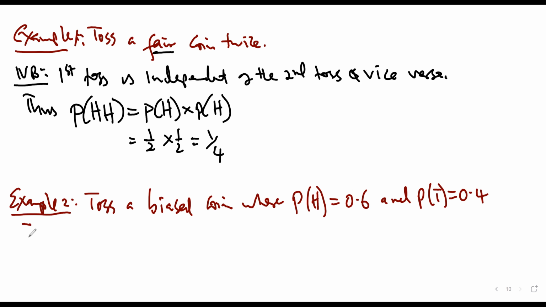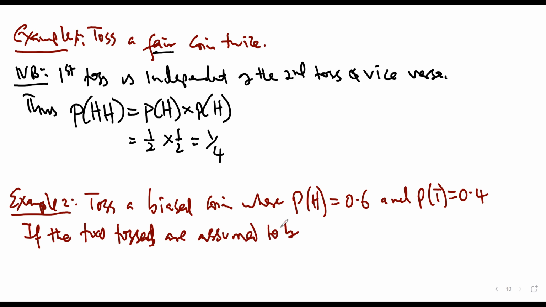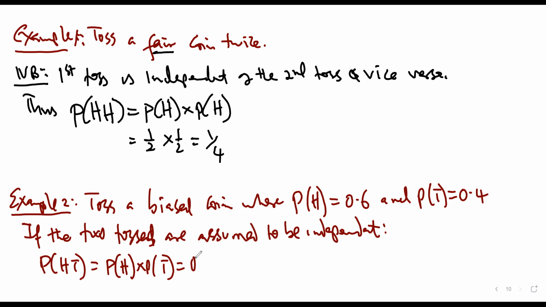If the two tosses are assumed to be independent, then the probability of getting a head followed by a tail will be given by the probability of getting a head times the probability of getting a tail, which is 0.6 times 0.4, and so on.